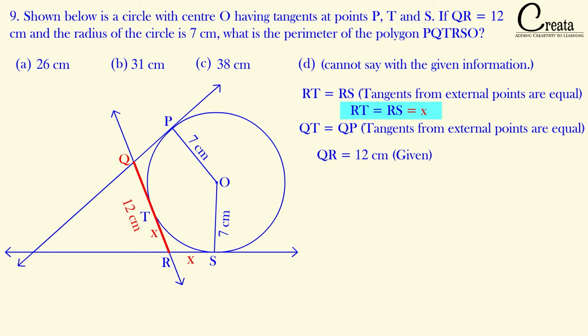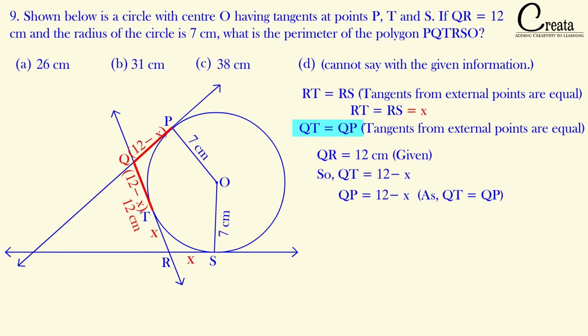So can we say QT is equal to 12 minus x? The complete length is 12 centimeter and TR is x, so QT will be 12 minus x. QT and QP are equal to each other, so QP will also be 12 minus x.